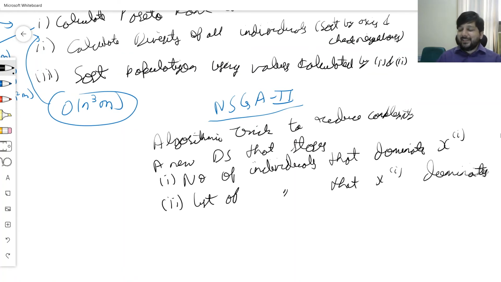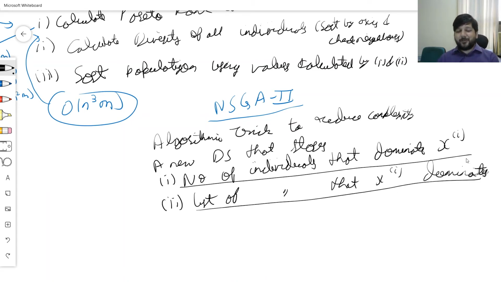Whenever I delete an individual from the population pool because it's in Pareto rank 1, temporarily, to calculate the next Pareto rank, I know all the individuals that xi was dominating and I reduce this count by 1 for all those individuals. So deletion becomes O of n operations.